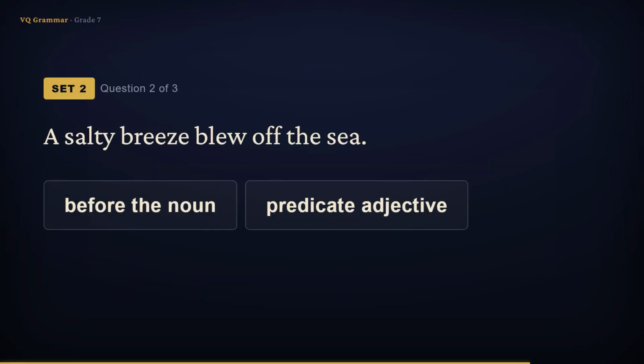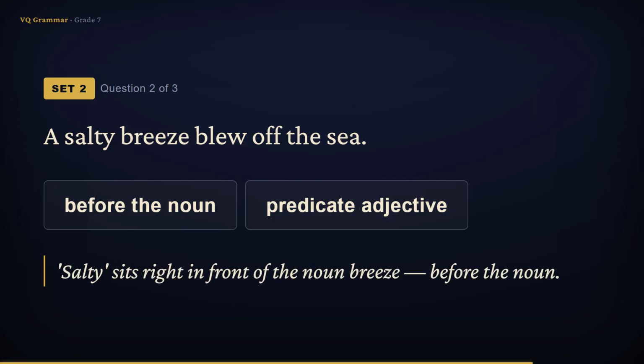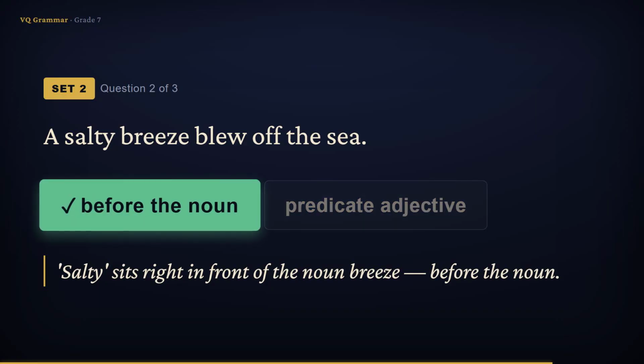A salty breeze blew off the sea. This time, salty sits right in front of the noun breeze. What kind of breeze? A salty one. It comes before the noun it describes, in the usual adjective spot, so the answer is before the noun.